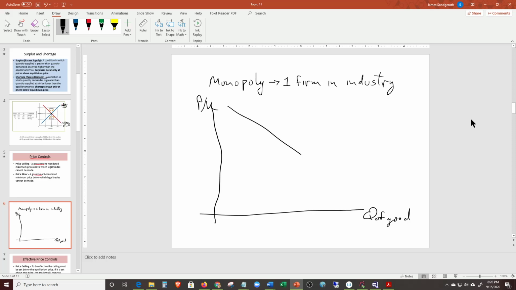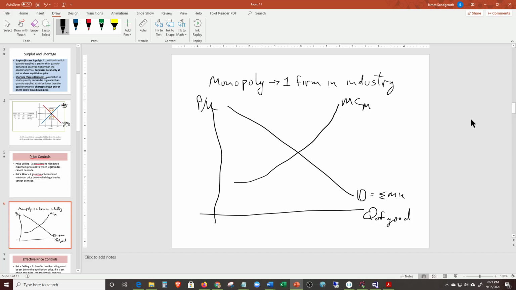The consumers still have a demand curve, and that still is the sum of the marginal utility curves. But for the business firm, we can't draw a supply curve here, but we can draw the marginal cost curve for the monopolist. There's only one firm, that's it.